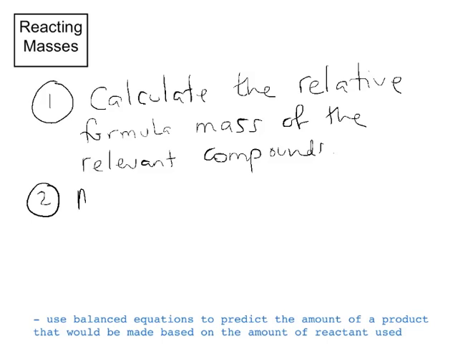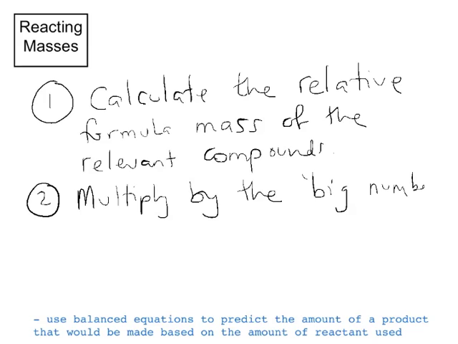Then second, multiply this by the big number in the equation. So if you just look to the top of the screen, I'll show you what I mean by that.